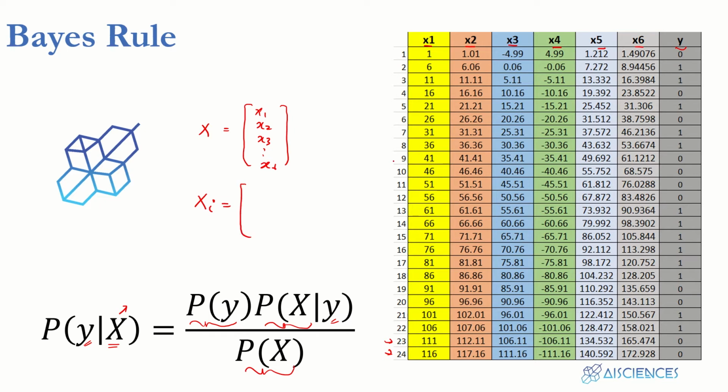For example, sample number 9 is 41.41, then minus 35.41, then 49.692, and then 61.1212. That is xi, where here i is 9, so that is x9, and the corresponding yi, which is y9 in this particular case, is 0.